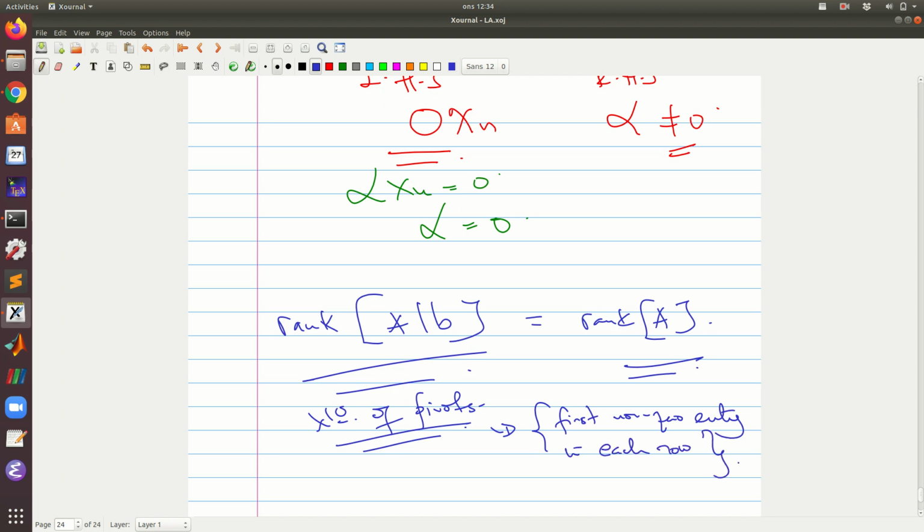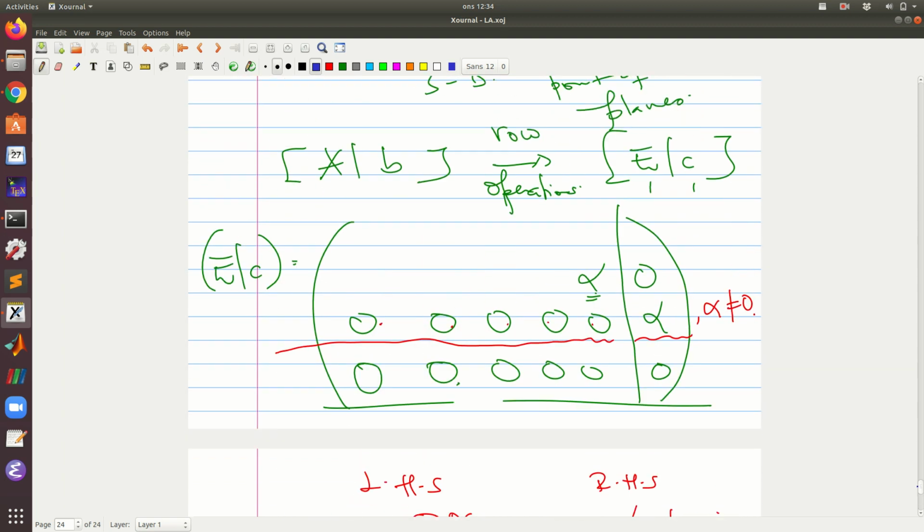In this situation here, we can say that alpha is the pivot because it is the first non-zero entry in this row. And remember, this system here is in echelon form, so everything else below is 0. That means that the first non-zero entry here is in the last column.